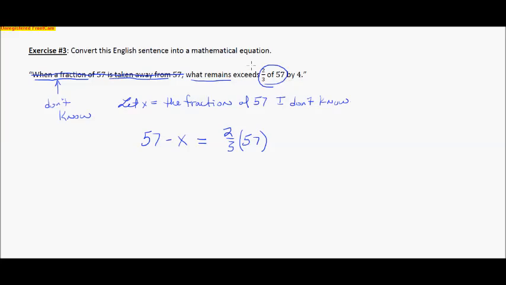And if it exceeds it, well, that means it's bigger than 2/3 of 57 by 4. Well, how would I write being bigger by 4? I would just simply add 4. And there's my English sentence turned into a mathematical equation. Alright, and guys, again, it's just practice. It's just doing these more and more and learning what English terms will convert to what mathematical terms.